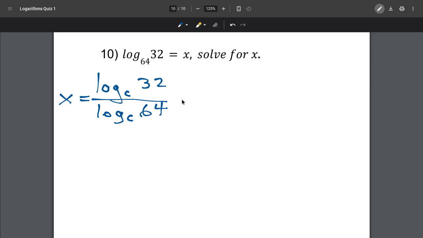So we want to pick a base here that's going to work. So I can multiply enough 2's to get both 32 and 64, so I'm going to choose a base of 2. So we have log base 2 of 32 over log base 2 of 64.